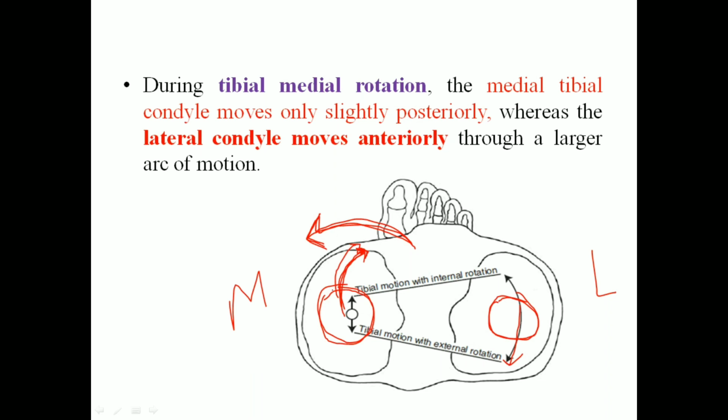So when medial rotation of the tibia is taking place, the femur is going for lateral rotation, and during this the medial condyle of the femur is going in anterior direction. So the medial meniscus will move in anterior direction, and the lateral condyle of the femur is going in posterior direction, so the lateral meniscus is also supposed to go in posterior direction.